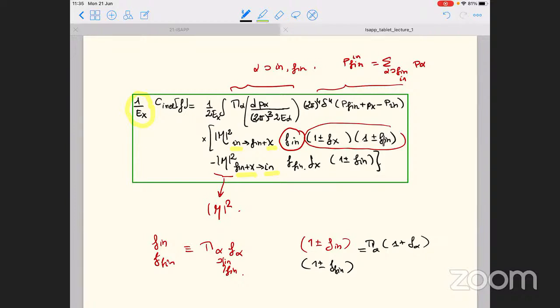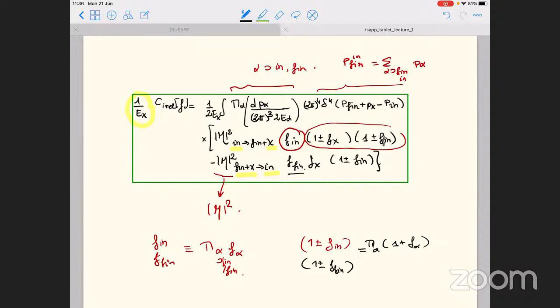So in these parentheses, I have a product of distribution functions of the particles in my initial state in the first line, or a product of particles in the final state times the distribution function of dark matter, multiplied by these 1 plus or minus f factors.